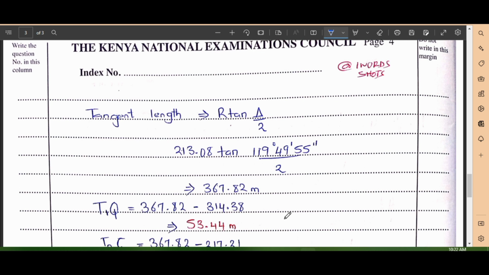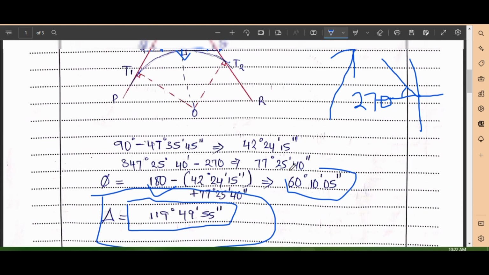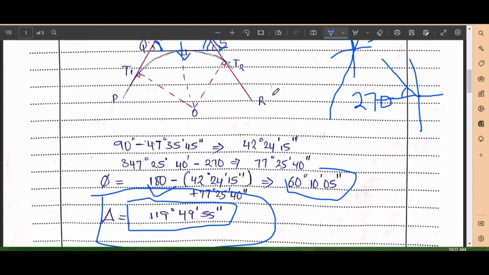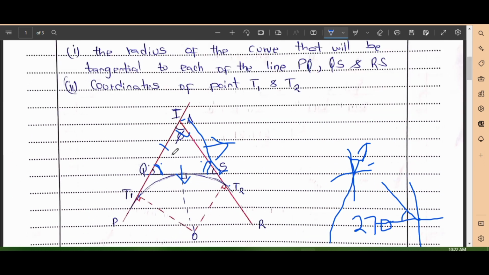After calculating, our tangent length is equal to 367.82 meters. This is the distance from T1 to the intersection of the curve, and I have already calculated earlier the distance of Q to I, or I to Q.